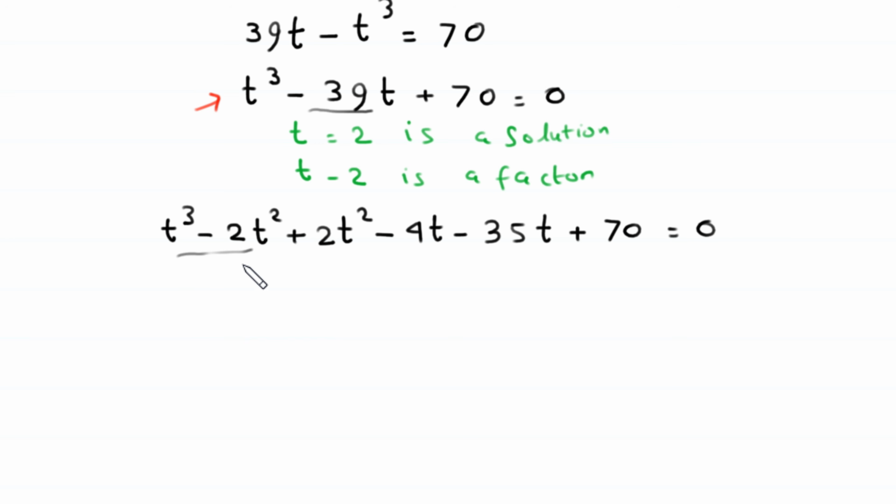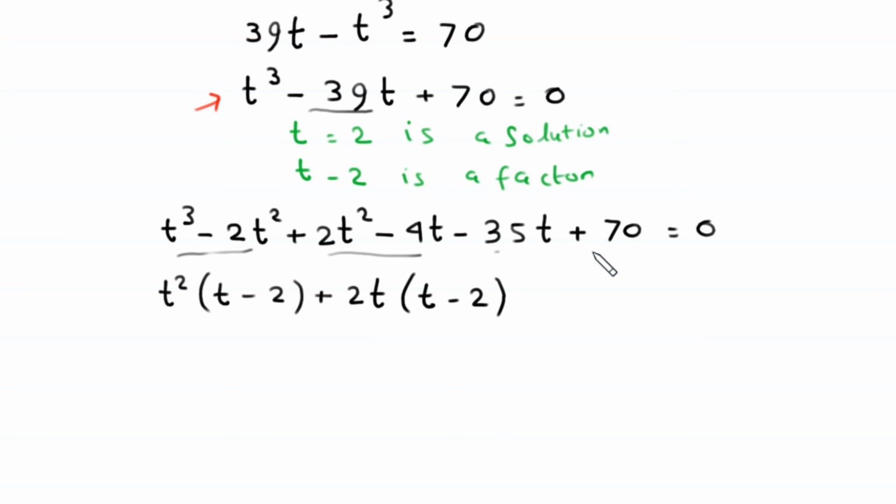From the first two terms we can factor out t squared, in brackets t minus 2. From the next two terms we can factor out plus 2t, in brackets t minus 2. From the last two terms we can factor out negative 35, in brackets t minus 2, equal to 0.